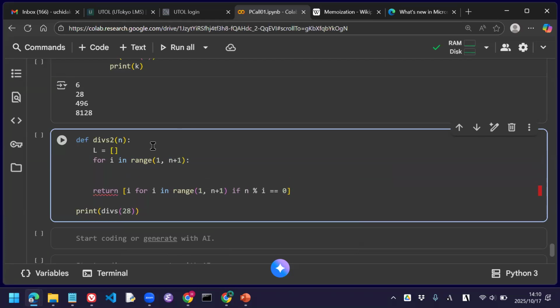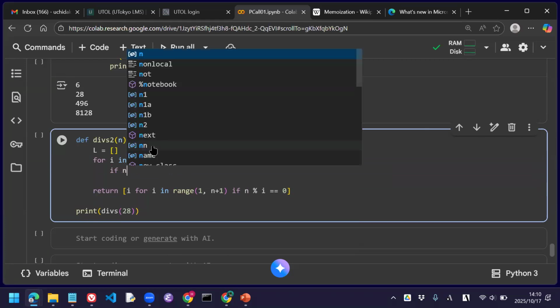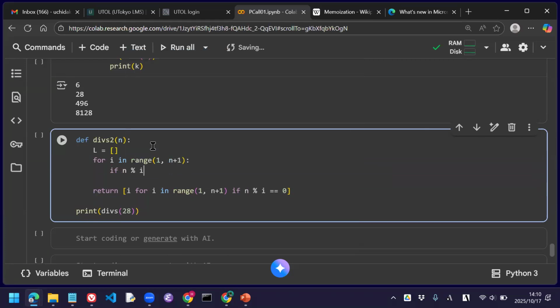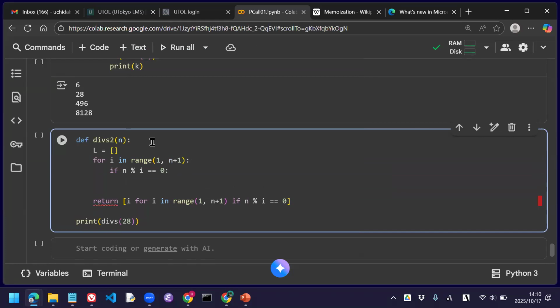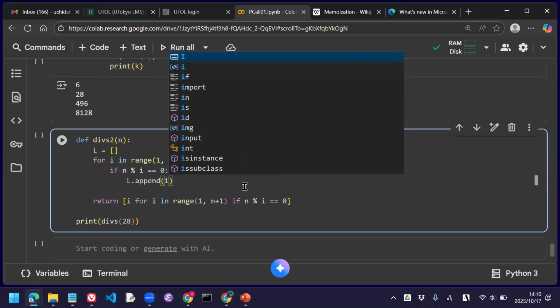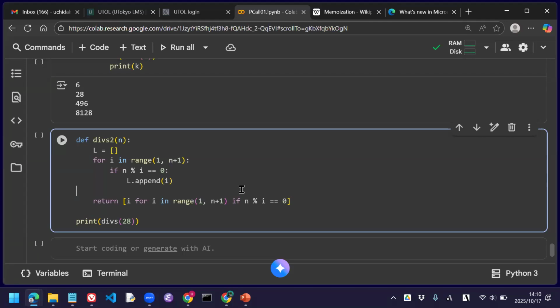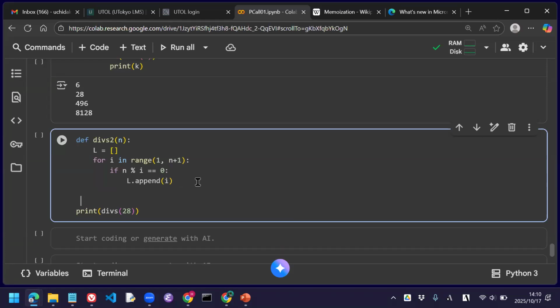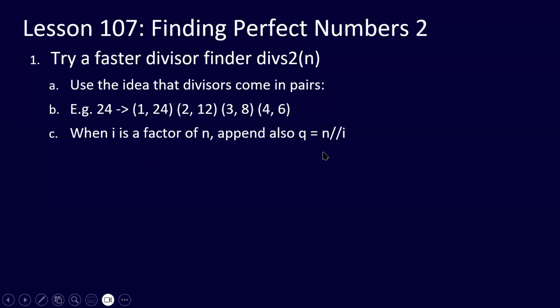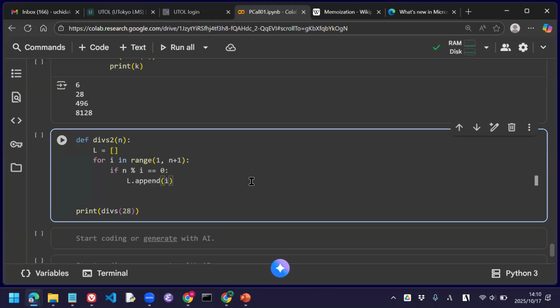And the idea is, of course, if n is divisible by i, that is, n mod i equals 0, then, of course, we say that i is a factor, a divisor of n. So we add it. But at the same time, from this idea, q equals n divided by i, the quotient, is also a factor.